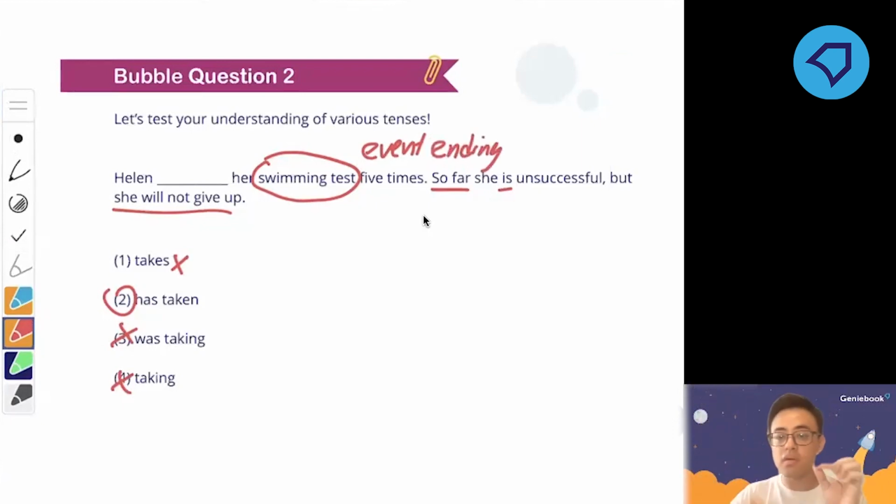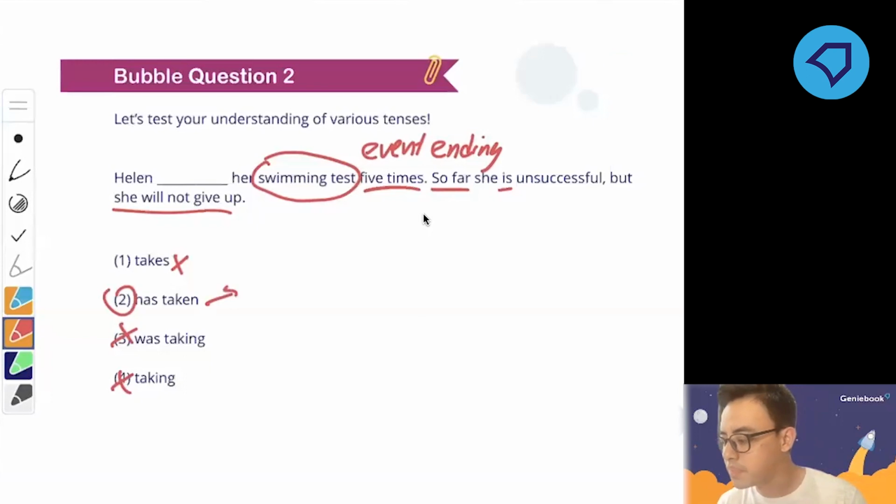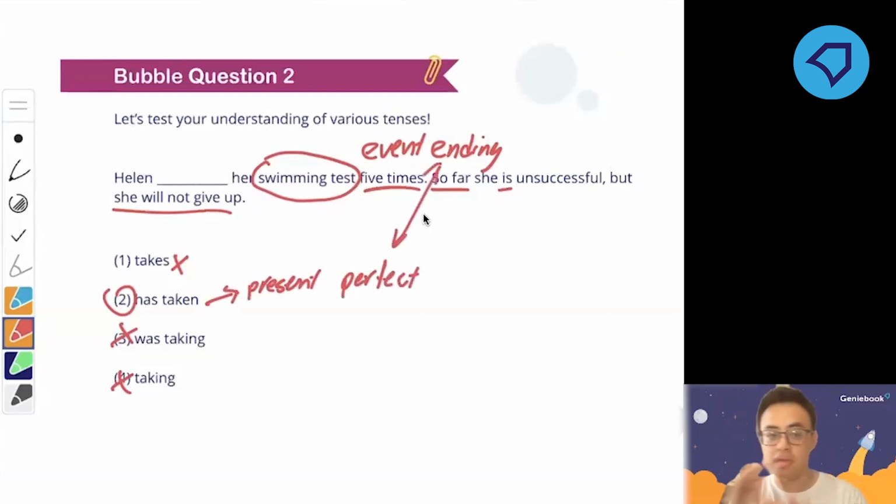The ending of the event is what we are emphasizing, that these 5 times have been finished. So has taken, which is your present perfect, focuses on the ending of these 5 times and still unsuccessful.